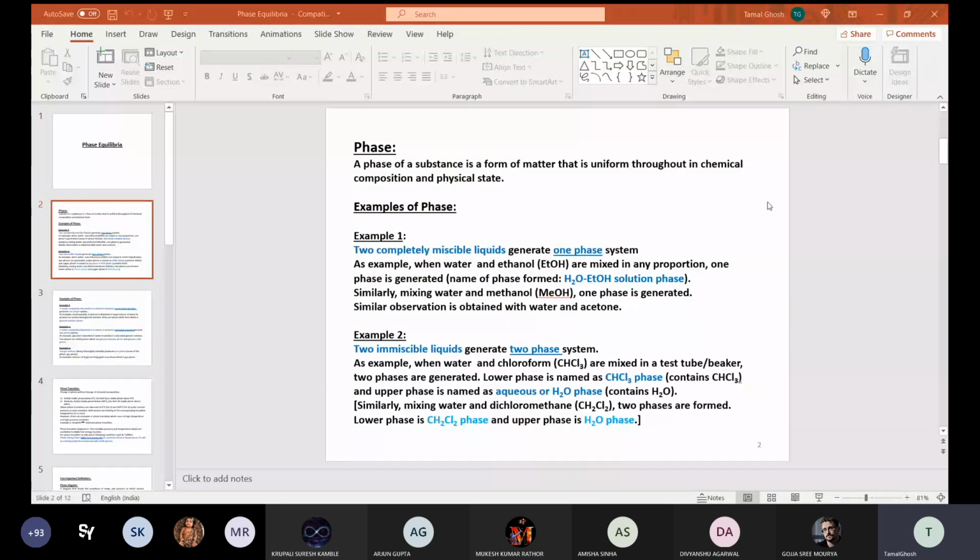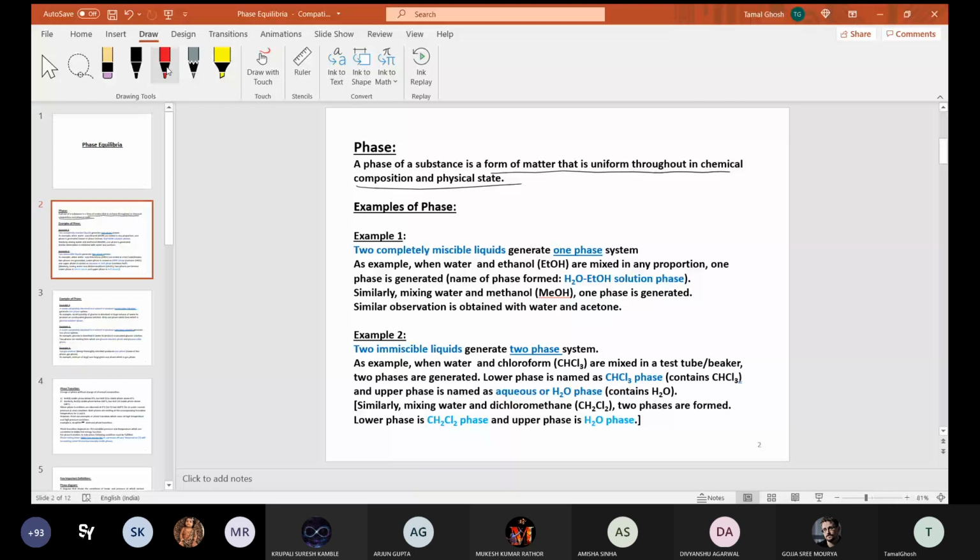So this is the definition. A phase of a substance is a form of matter that is uniform throughout in chemical composition and physical state.